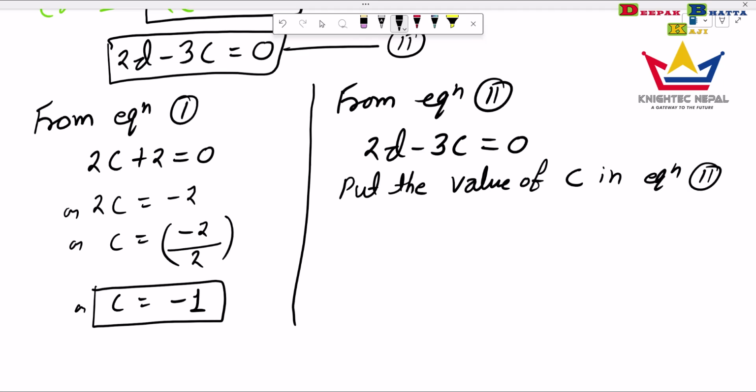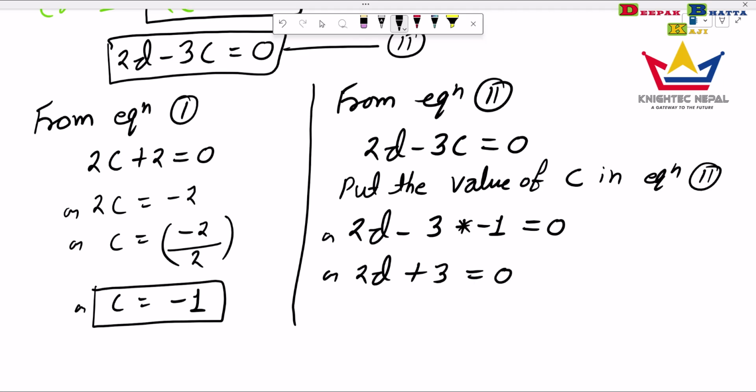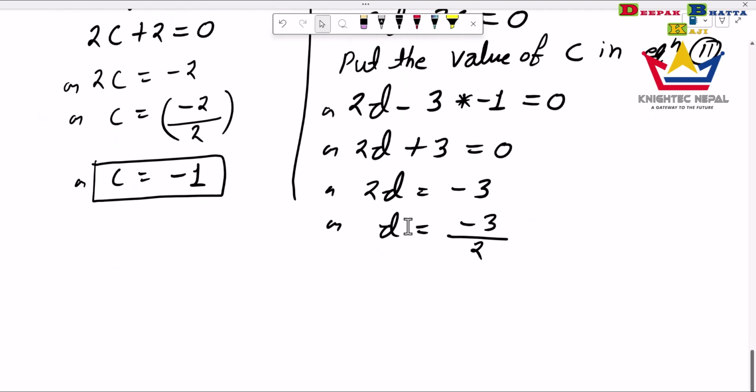So that is 2d minus 3 into minus 1 equals to 0. So 2d minus minus plus, so plus 3, 3 ones are 3, so sign is plus, so 3 equals to 0. So 2d equals to minus 3, so d equals to minus 3 by 2. So we got the value d equals to minus 3 divided by 2.